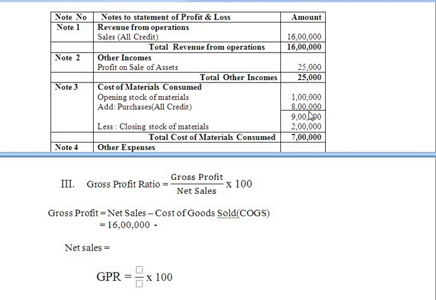Purchase is how much? 8 lakh, all credit purchases. So minus closing stock. There are no direct expenses given, so directly we can deduct the closing stock from the total. Balance will be cost of raw materials consumed, that is COGS. So how much is COGS? 7 lakh.